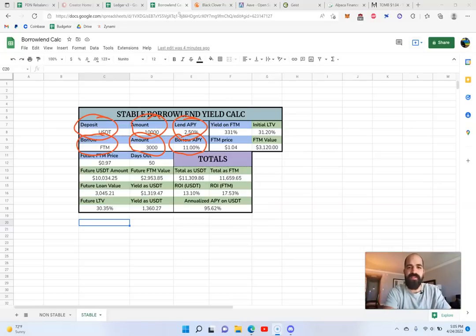And then the Phantom price is $1.4 right now, which means the value of your borrowed Phantom is 3,100 roughly. Your initial LTV is 31.2%, right? Liquidation on Geist is 65%, so we have a lot of room to go. Phantom would effectively have to double in price overnight for us to miss that and get liquidated.